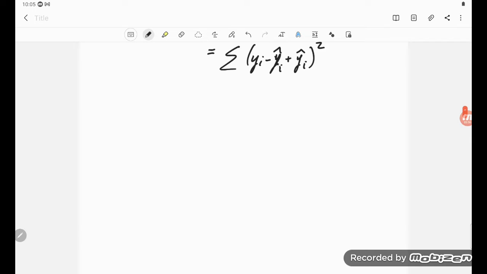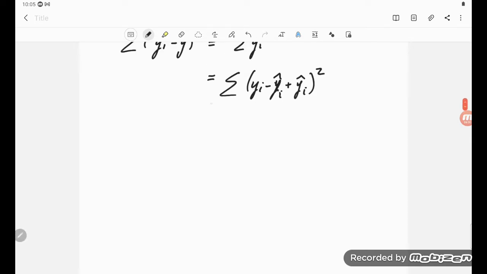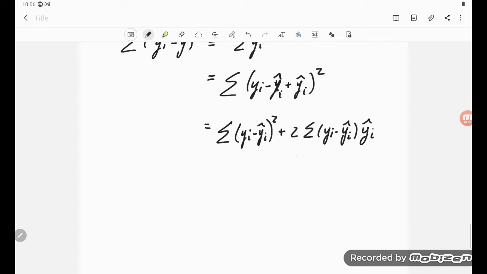And if we square that out, but keeping the yi minus yi hat together, we end up with the sum of yi minus yi hat squared, plus a middle term that is 2 times the sum of the yi minus yi hat times yi hat, and then plus the sum of the yi hat squared.